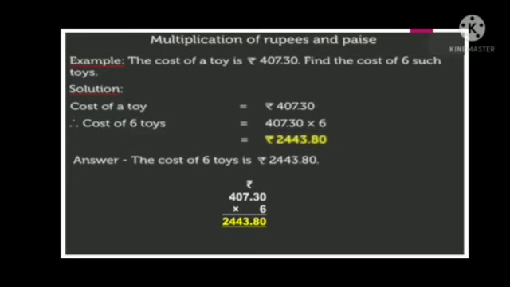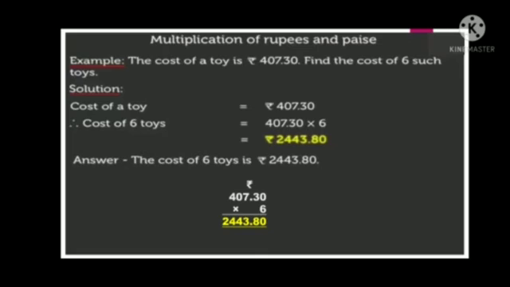Because this is the multiplication of rupees and paise, so we have to separate the product in rupees and paise by putting the dot. So for that we have to count 2 digits from the right side and put a dot. So the answer we'll get is rupees 2443.80.